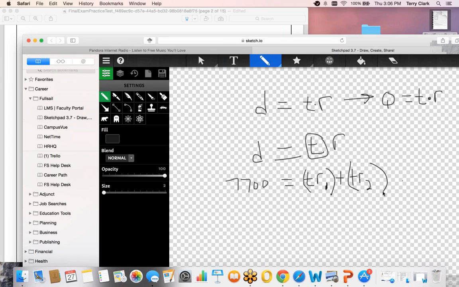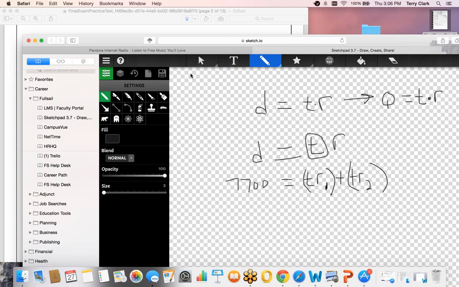The reason why I can get away with that is because the problem says the time and the rate will give me the distance. If I figured out one's time and rate and multiplied them together, it would give me the distance for that one. And then if I found the time and rate of the next one and multiplied those together, it would give me the distance for the second one.